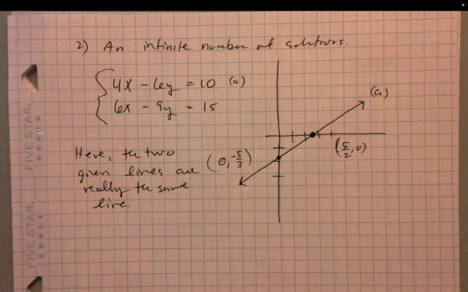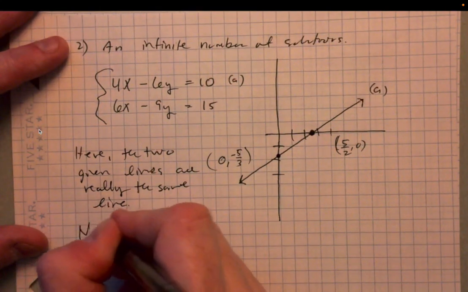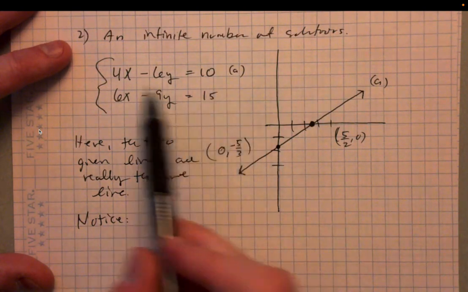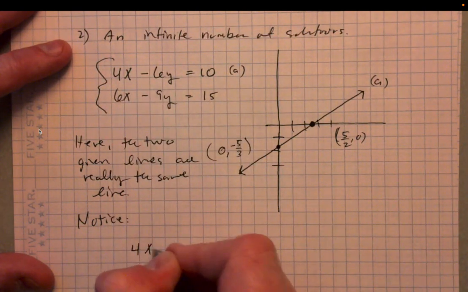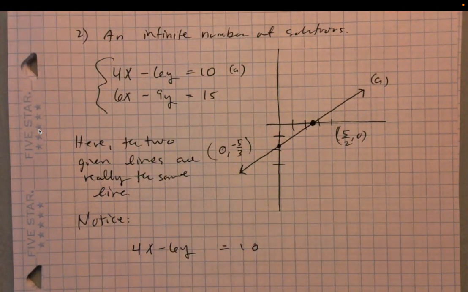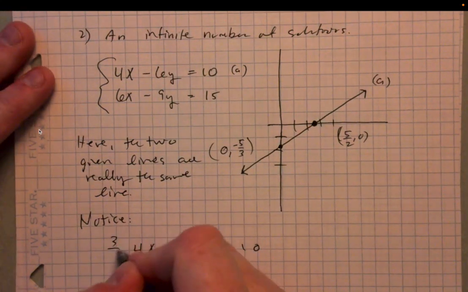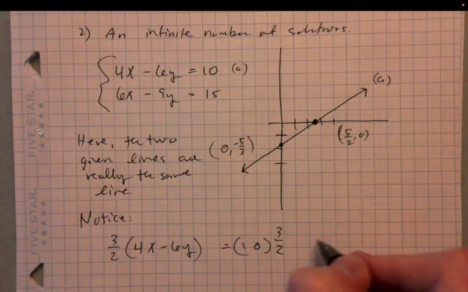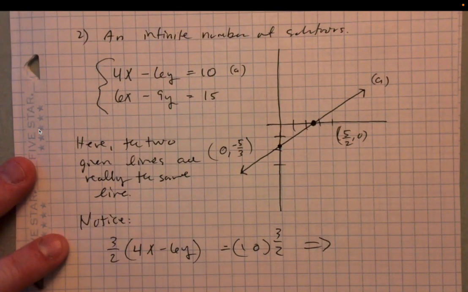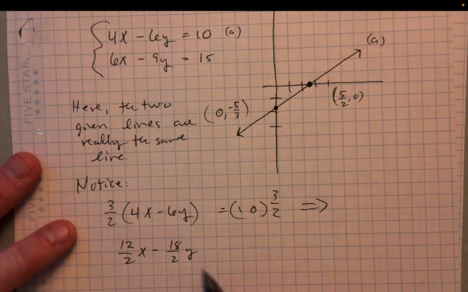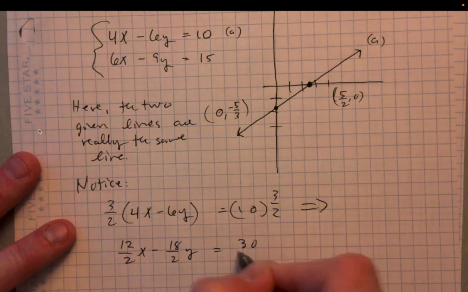One's a multiple of the other, and you can see this really quickly. Just notice that if I take my first equation, 4x minus 6y equals 10, and multiply both sides by 3 halves, over here I get 12 over 2 x, minus 18 over 2 y, equal to 30 over 2.